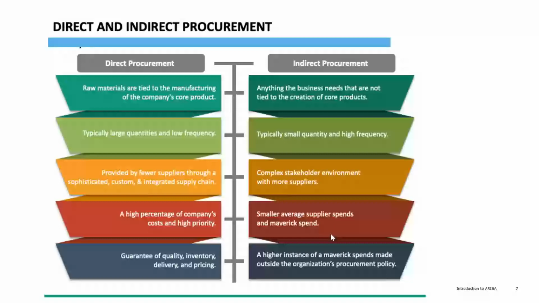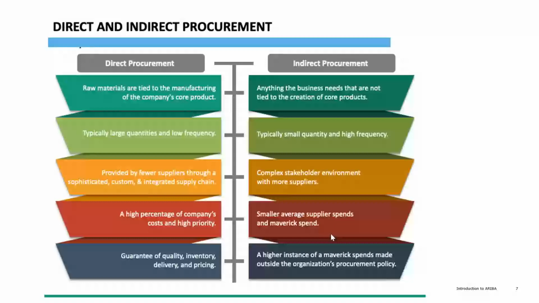So indirect procurement is a type of consumption. That means once you procure it, its life cycle ends there itself. You are consuming it. They won't go outside and they won't create revenue. Whereas direct procurement items come into your warehouse, into your premises, and then you assemble them into a finished product and sell it.